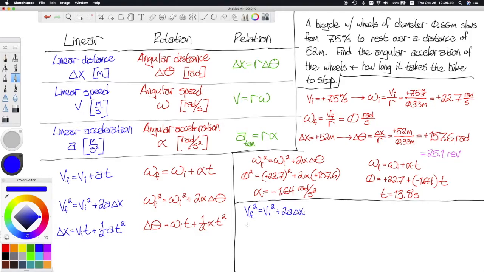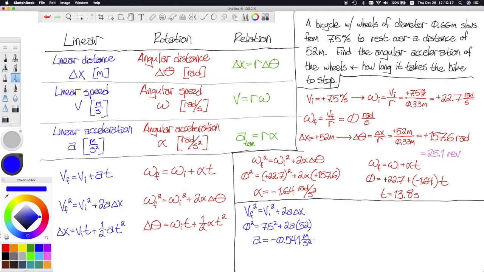And that would give us 0 squared equals positive 7.5 squared plus 2 times our acceleration times the 52 meters that we have. And solve for our acceleration, which is our linear acceleration, negative 0.541 meters per second squared.